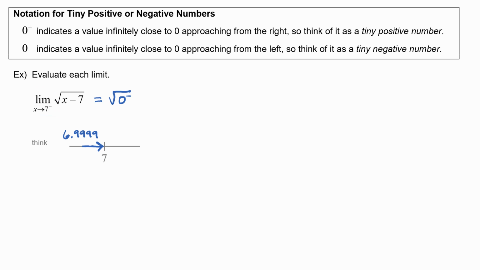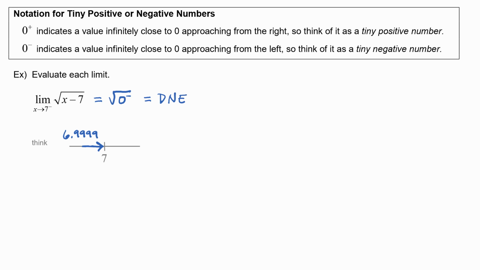So in our minds, we can use an example of 6.9999, put that in for x temporarily, and subtract 7 to discover we would get a tiny negative number. The 6.9999 is something we temporarily use just to help think our way through. Now, of course, you can't take the square root of a negative, so that means this value does not exist.